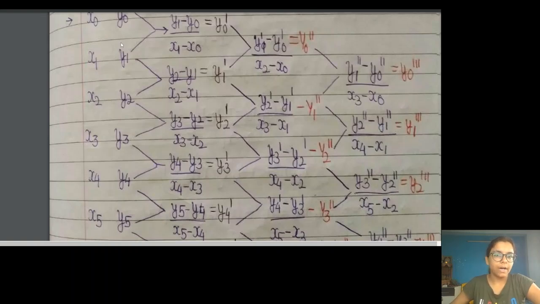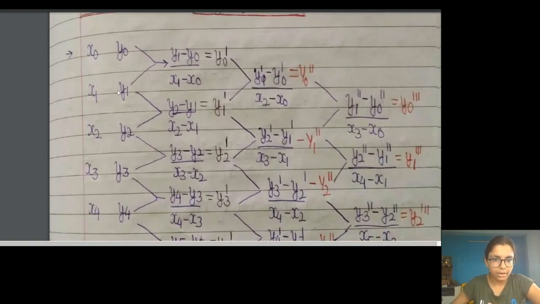As you can see, we are getting y1 minus y0 divided by x1 minus x0 to get a first degree divided difference. In the same manner, when we are dividing the first degree of y1 and the first degree of y0, we are subtracting them and dividing by x2 minus x0 to get the divided difference of second degree.